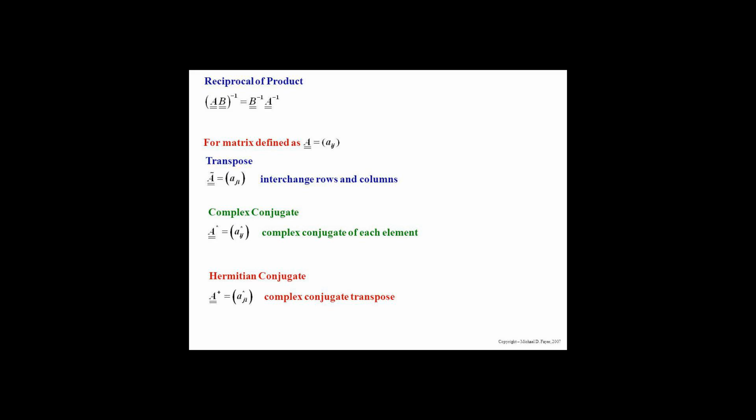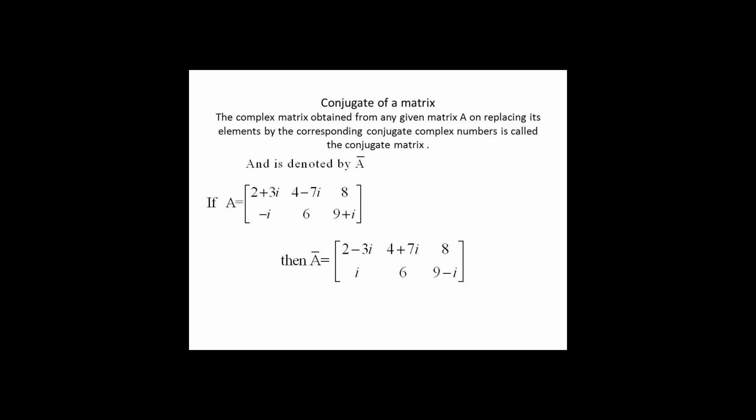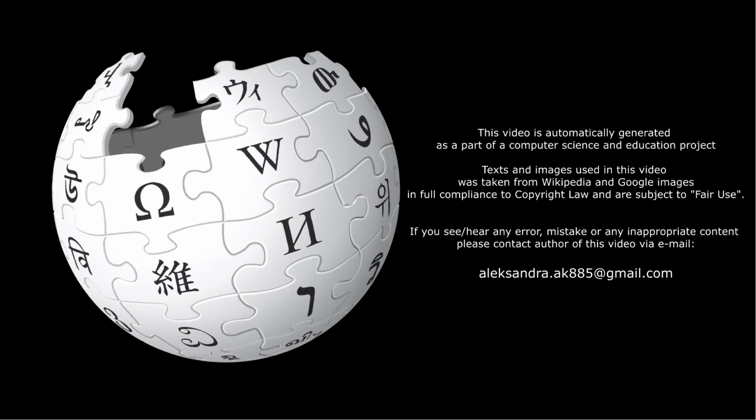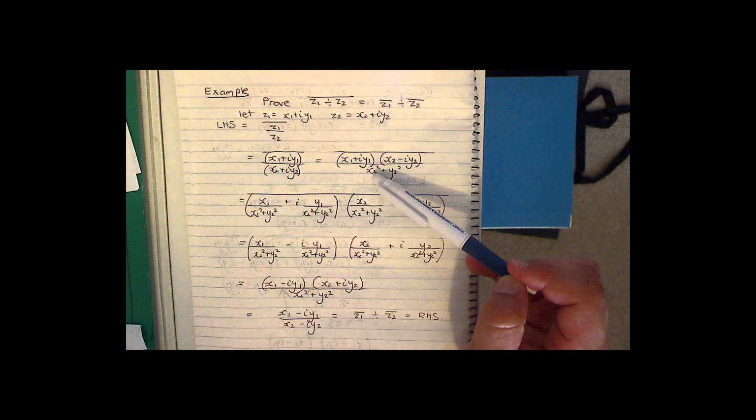The map σ(z) equals the conjugate of z from C to C is a homeomorphism, where the topology on C is taken to be the standard topology, and antilinear, if one considers C as a complex vector space over itself.